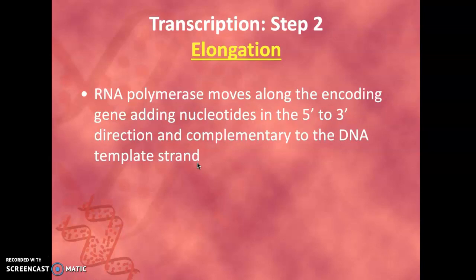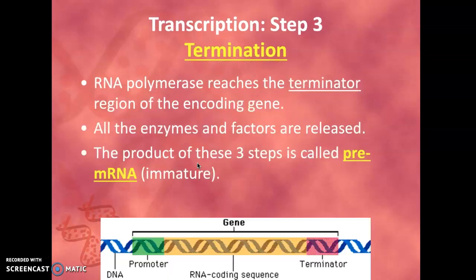Here, only one side is going to be coded for. That continues to happen until RNA polymerase reaches the terminator region. At that region, all the enzymes, all the transcription factors are released, and you have something called pre-mRNA.